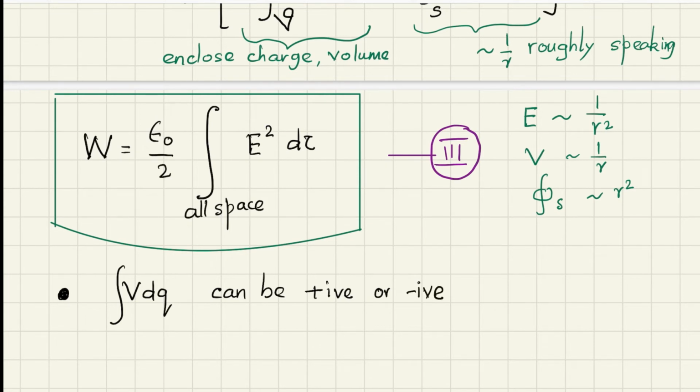Of course there is attraction, I don't have to do work. But you can see that this third formula, epsilon by 2 E square d tau, is always positive. So that seems to be some inconsistency.